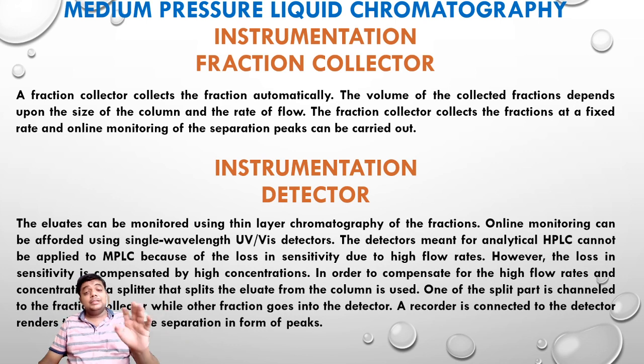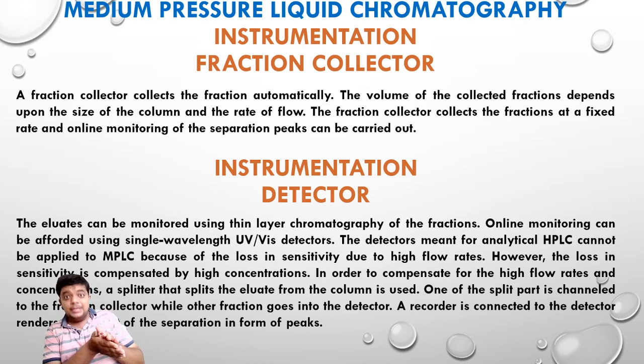Instrumentation part also has a detector. The eluate can be monitored using thin layer chromatography of the fractions. Once the fractions are collected, go for TLC. Online monitoring can be afforded using single wavelength UV visible detectors. The detectors meant for analytical HPLC cannot be used for MPLC because of the loss in sensitivity due to high flow rates.